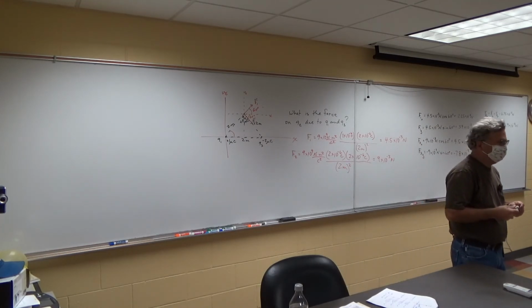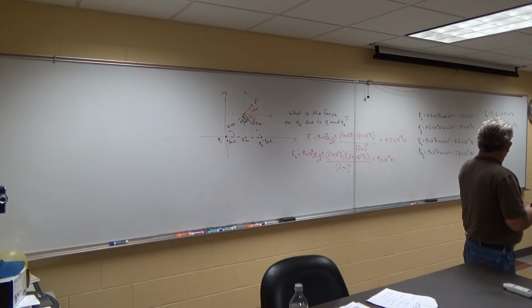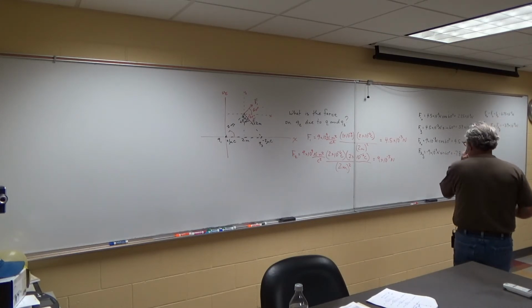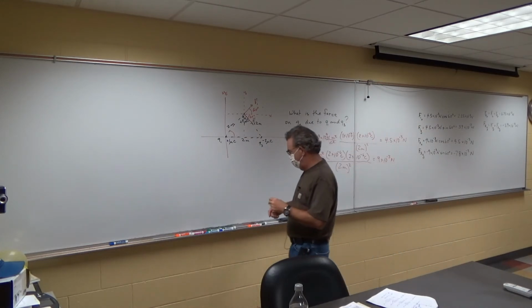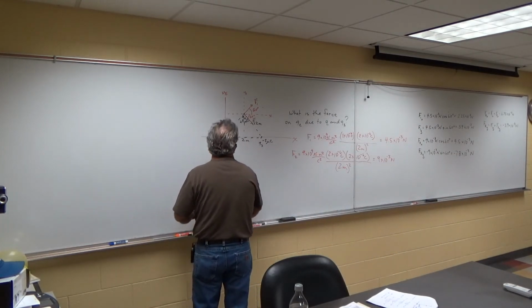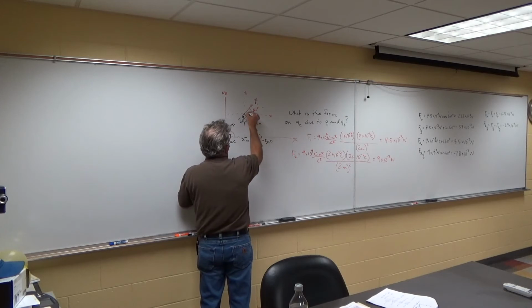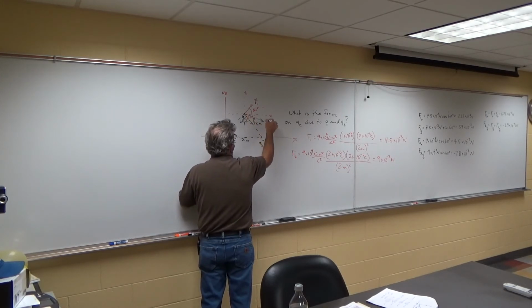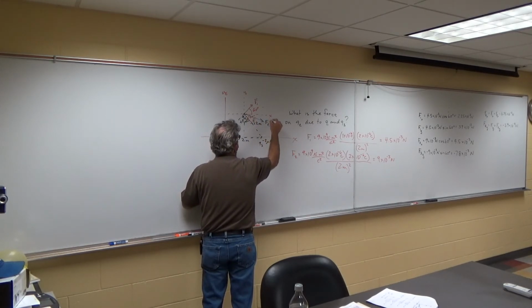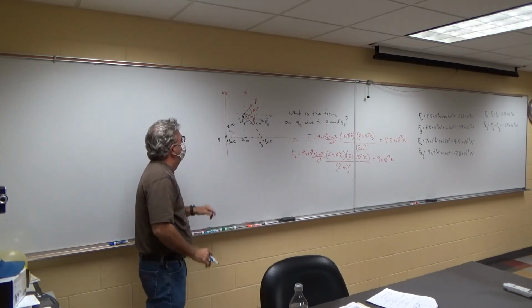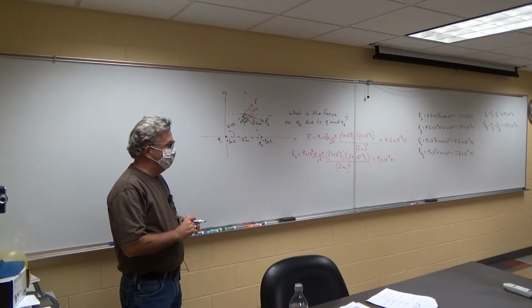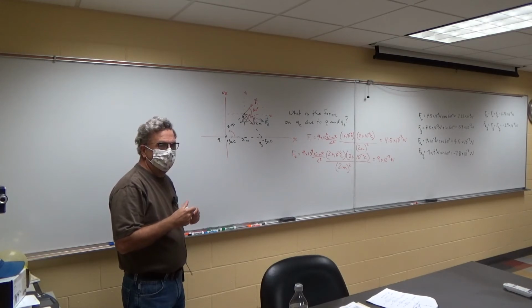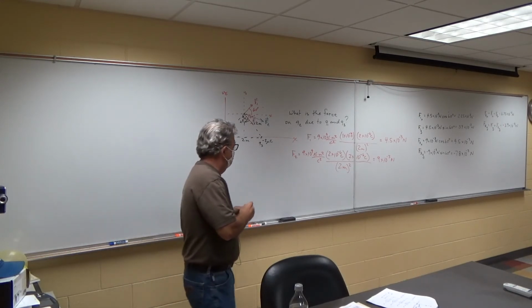Okay, well, what's the magnitude of the resultant? Well, we know where the resultant is anyway. It's down here somewhere. This is getting even messier. Okay, there's FR. It's got a positive X component and a negative Y component.